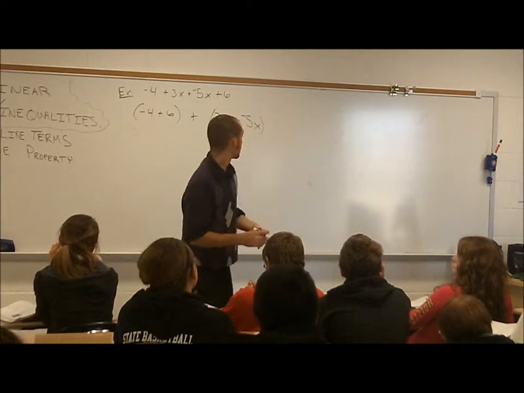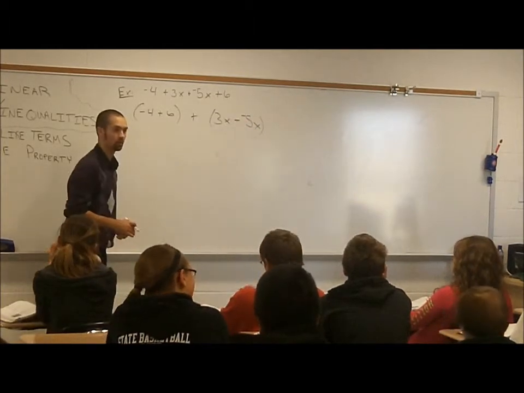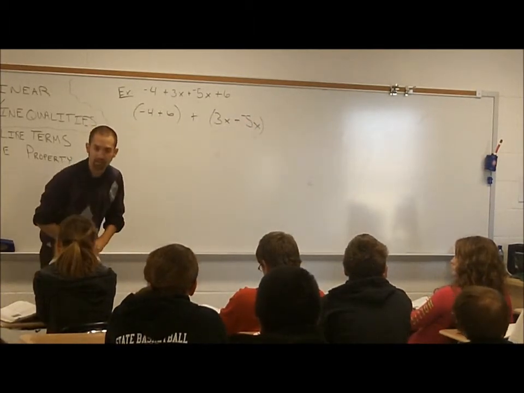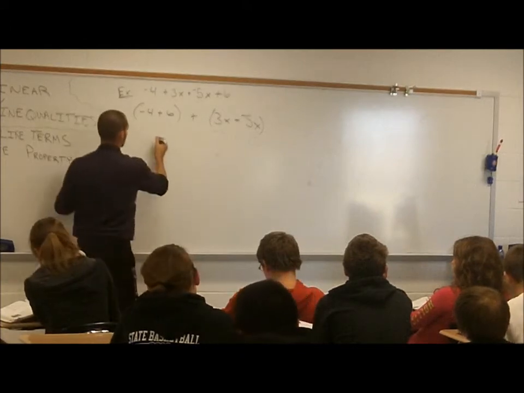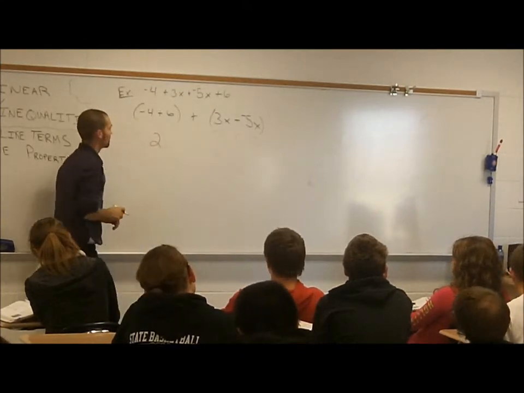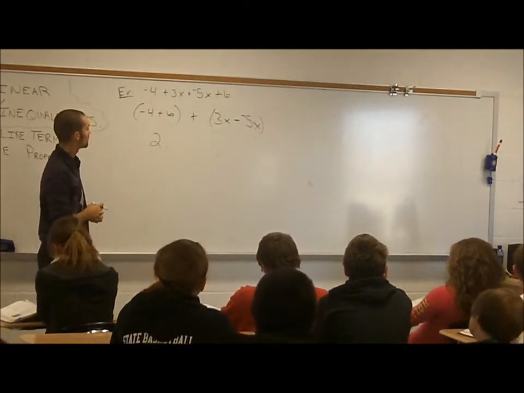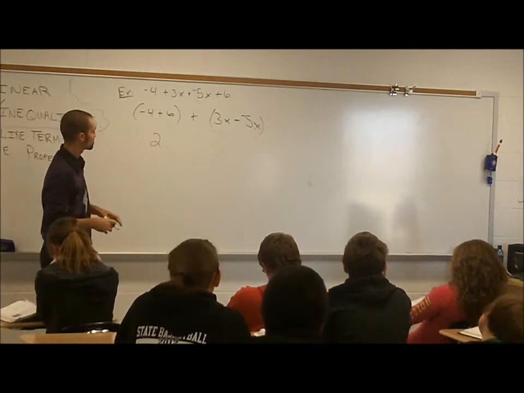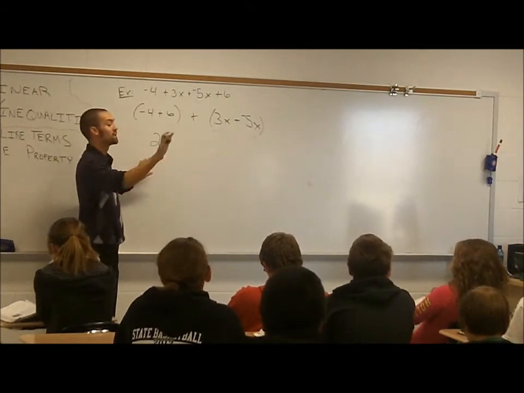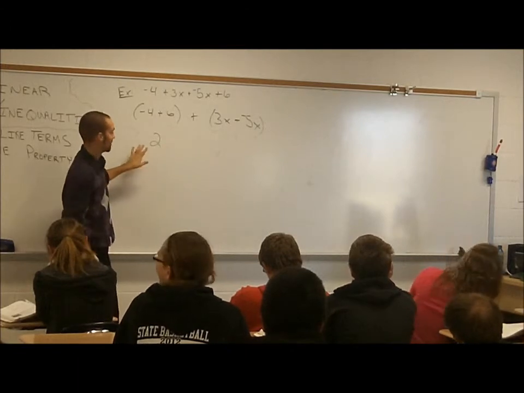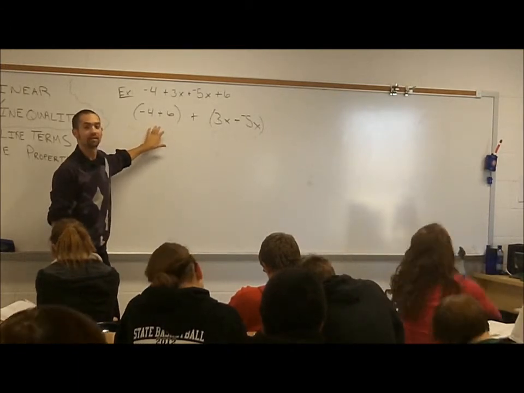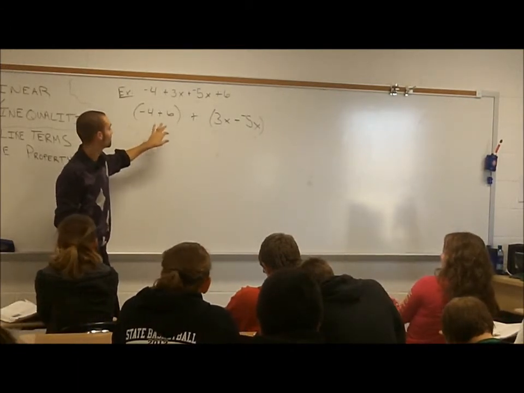All right? What do I get when I add these two together? What's -4 plus 6? Positive 2. So what does that make it now? Okay, that example's over. Listen up.